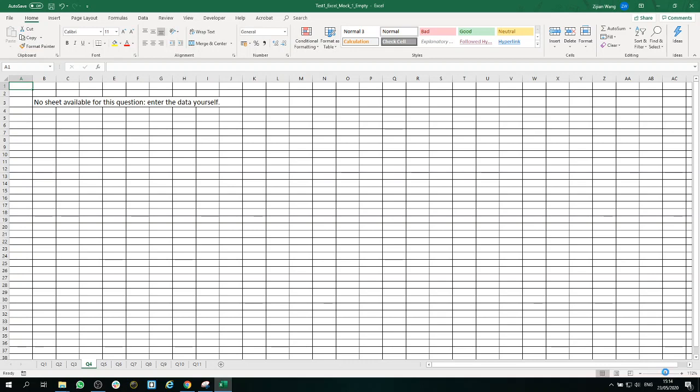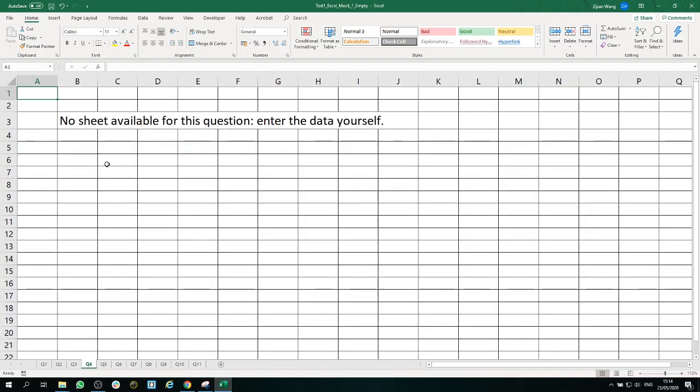Q4, there's no data available for this question, but if we look at the instruction on the syllabus, it shows a few examples about how to do a mathematical function: if you have parentheses, you calculate first what's within the parentheses, and if you have multiply or division, then you do those first before add and minus.